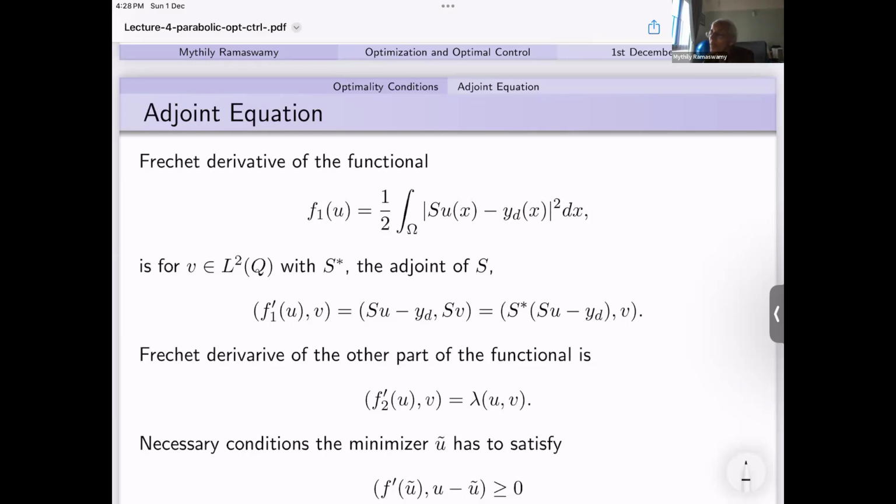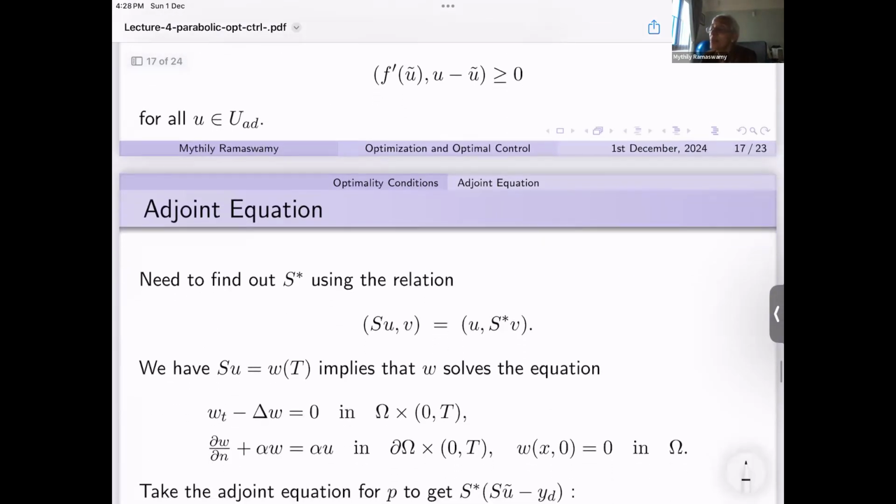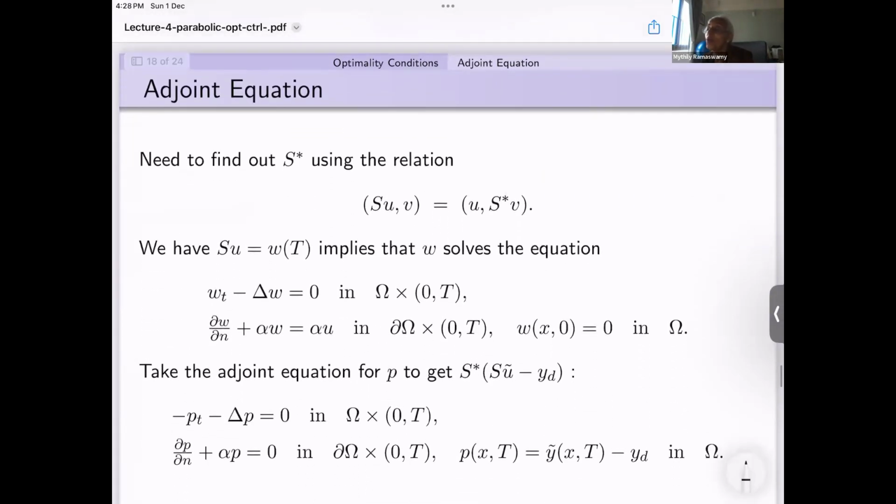So the Fréchet derivative of the first part is S star into Su minus y_d. The Fréchet derivative of the second part is lambda times u v. And so the necessary condition will be F prime at u tilde, the optimal control, is greater than or equal to 0. That brings me now to the crucial adjoint problem.